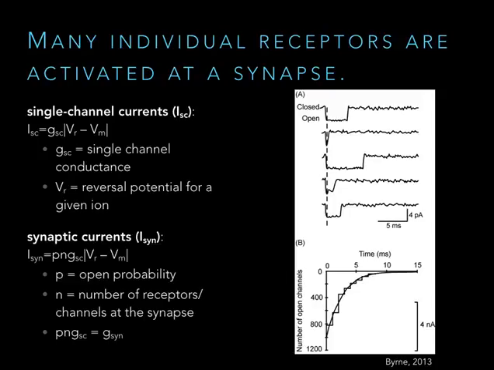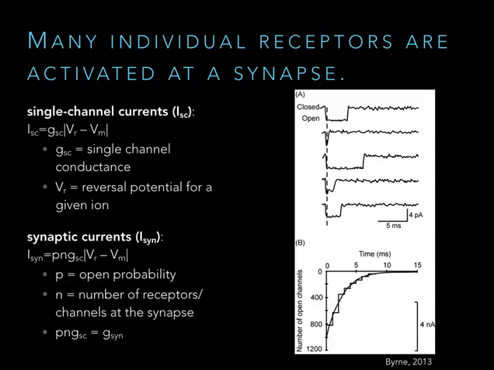There's the open probability of the channel, and there's the number of receptors or channels at the synapse. A synapse with more channels has the potential to have a greater synaptic current. A synapse with channels that have higher open probability will have greater synaptic currents. So all those individual channels are essentially being summed together, and we estimate that with that equation there.